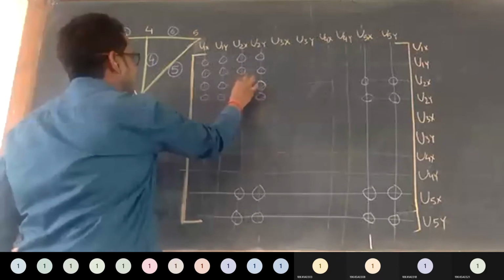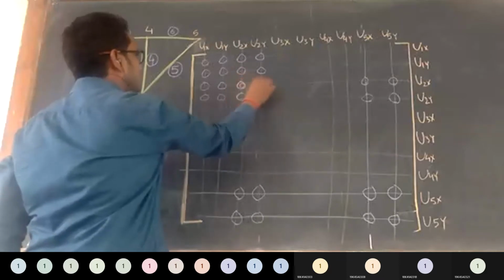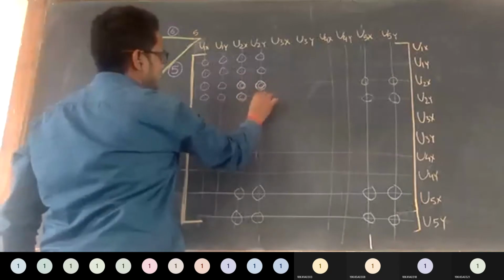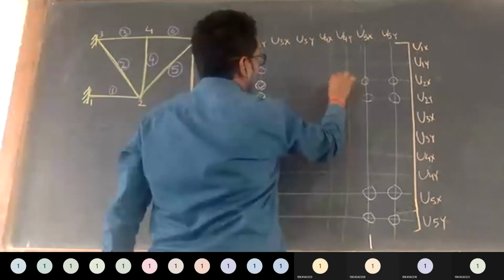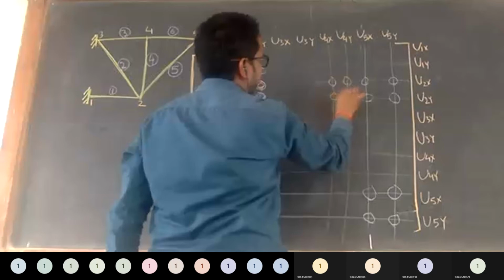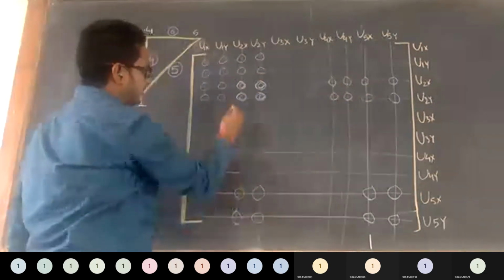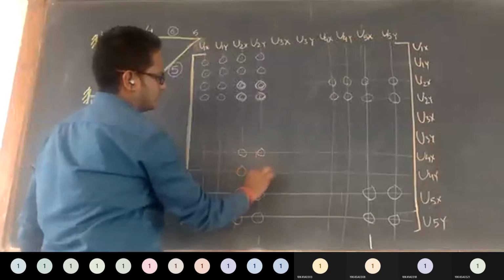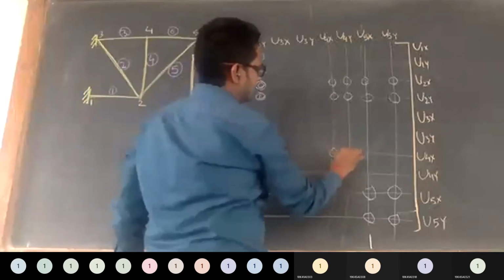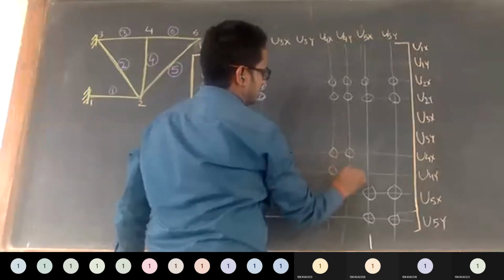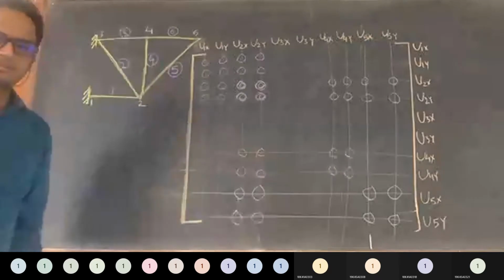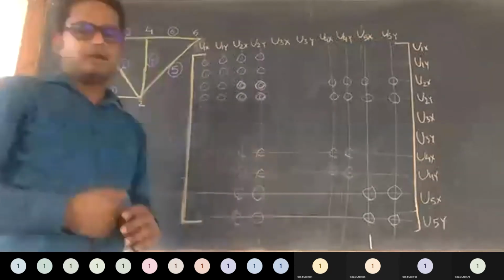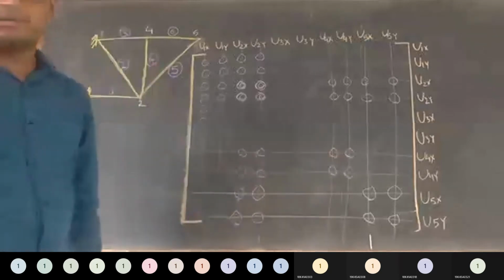So again, here your third element will also come. So you have to add all those three values here at these locations. And on this side also. And on this side also. Likewise, we'll get a global stiffness matrix. How to write this global stiffness matrix, this is the way.